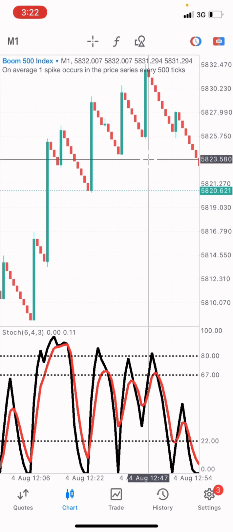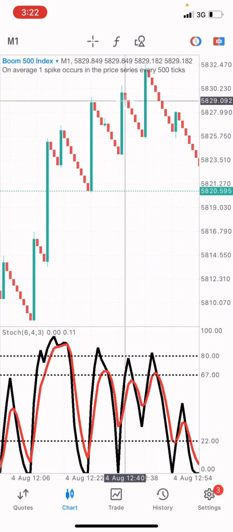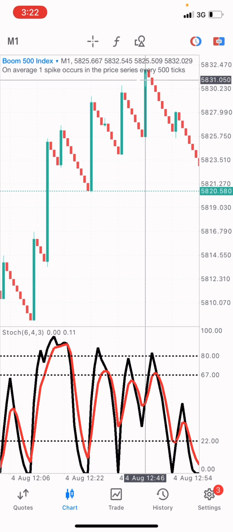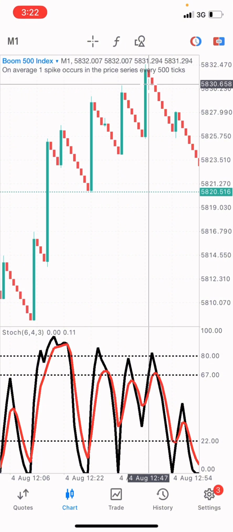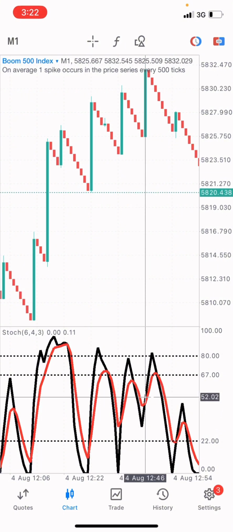So you see at this point right here, this is at the overbought region towards the upward side, and the spike that came into the market wasn't that huge. But you saw that at this point right here, when the red line crosses above the black line, the spike came into the market.